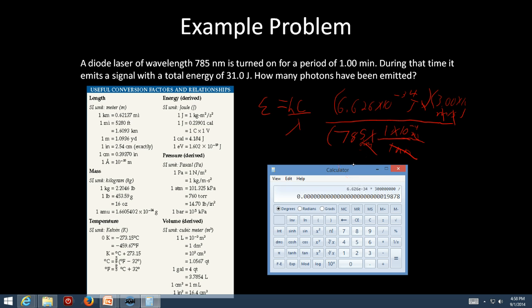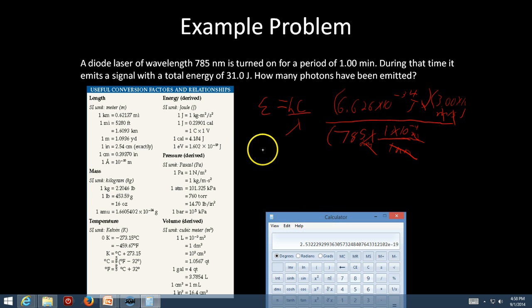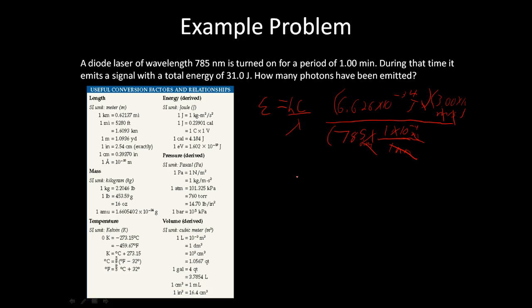So divided by 785, divided by 1, exponent negative 9. And we get this. So this is the energy per photon. So it's 2.53. Let me write this down. 2.53 times 10 to the negative 19 joules per photon.